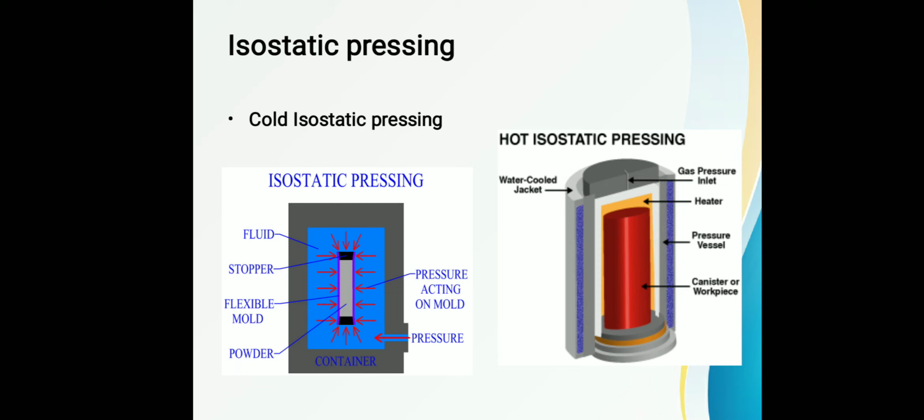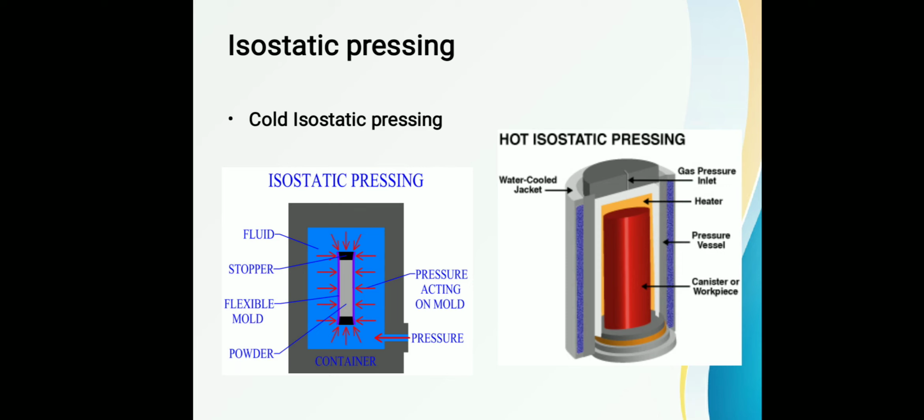Hot isostatic pressing is mostly used for components useful in the aerospace industry. But this process is more expensive compared to cold isostatic pressing.